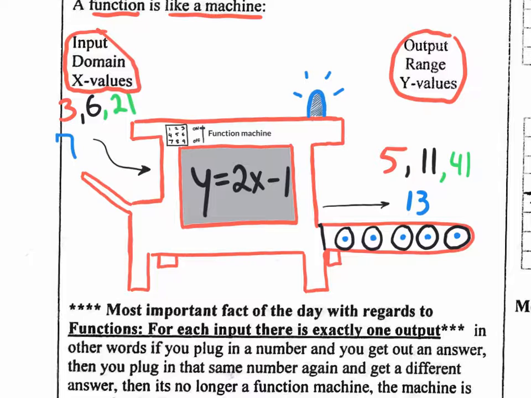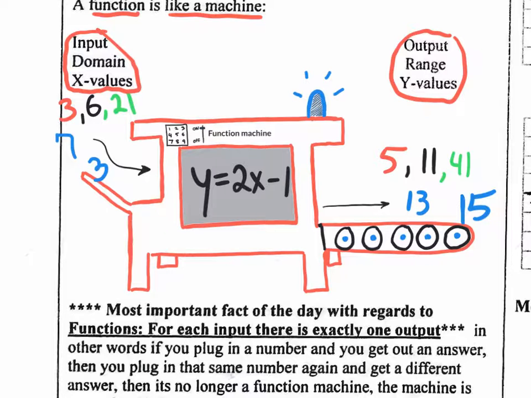What would happen if I were to plug in a 3 again? What should I get out again? A 5 again, right? Because the machine works. Now, if I plug in a 3 and get out a 5 and plug in a 3 and get out, let's say, a 15, then you know that machine's messed up. So that's no longer a function, it's just a relation, okay?